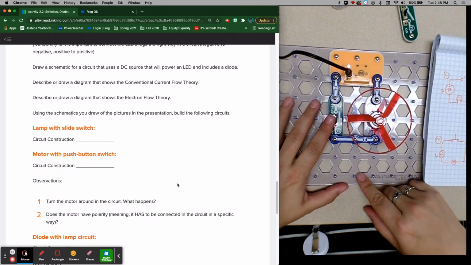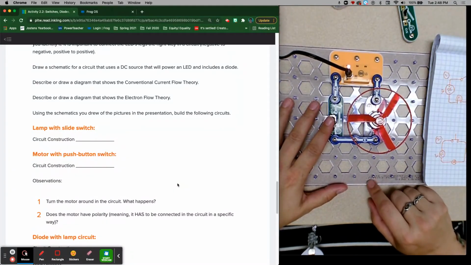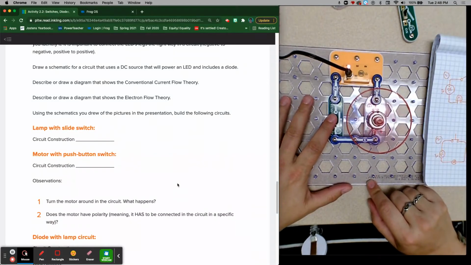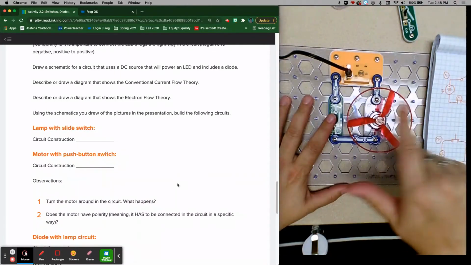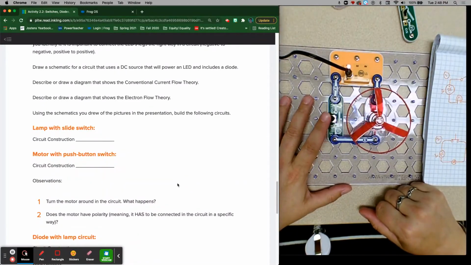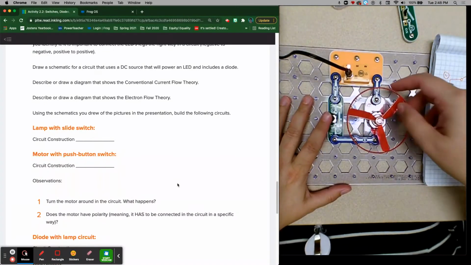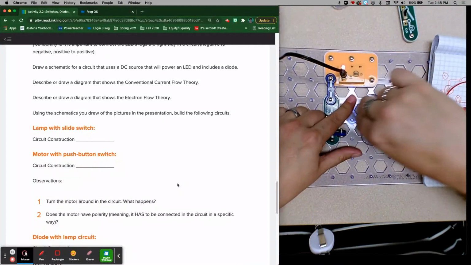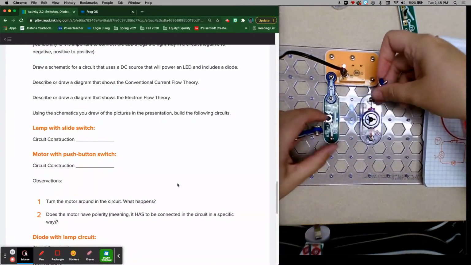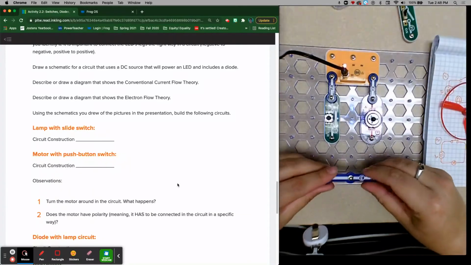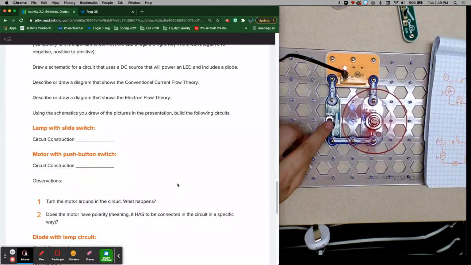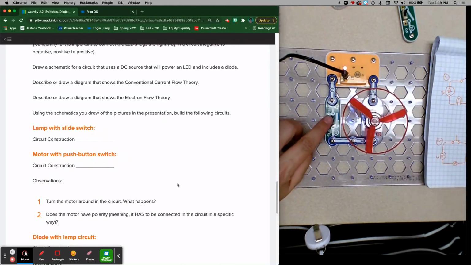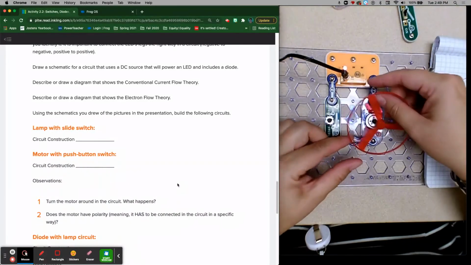Now it's saying turn the motor around in the circuit. What happens? So it turns this direction in the way that I have it set now, right? Turns clockwise. So let's turn it around. Now it's turning counterclockwise.